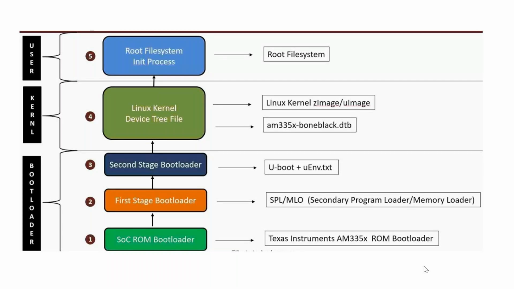If you look at this a little bit carefully, the first, second and third run in the bootloader, and then the fourth runs in the kernel space. So here bootloader space, kernel space, and then the root file system gets loaded in user space. So there are three spaces: bootloader space, kernel space, and user space.